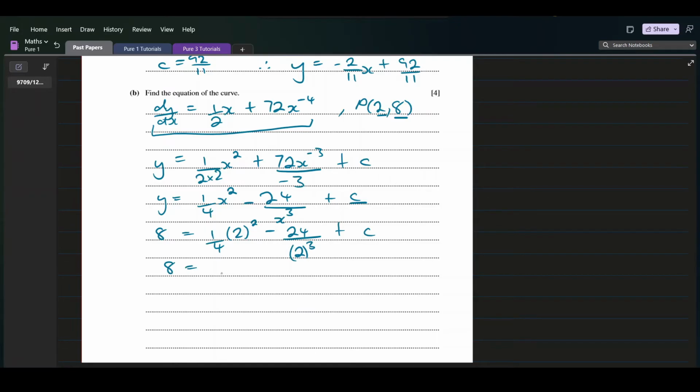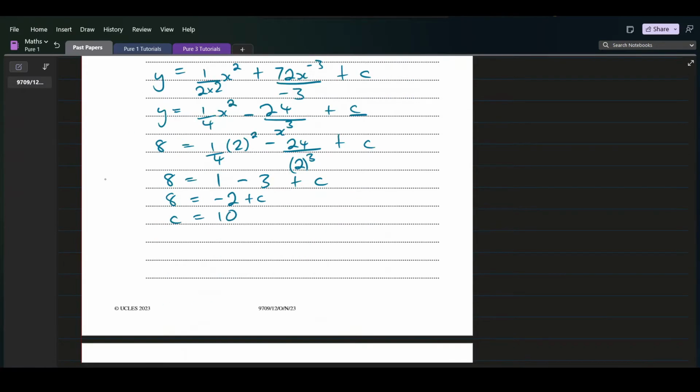So that's 8 is equal to a quarter times 4, so that's 1, minus 24 over 8, which is minus 3, plus our constant. So that's 8 is equal to minus 2 plus c, so c must be equal to 10. So therefore the equation of our curve is y is equal to a quarter x squared minus 24 over x cubed plus 10. And that's our final answer.